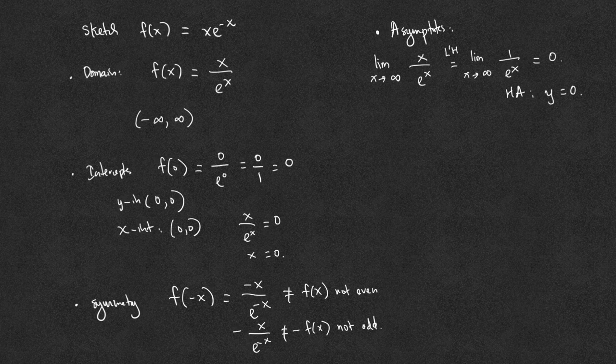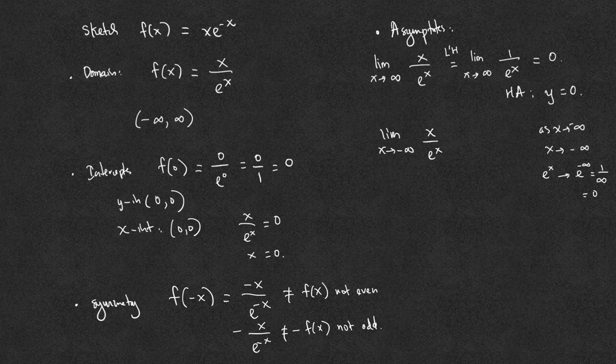We also should evaluate the limit as x goes to negative infinity of f of x. As x goes to negative infinity, x goes to negative infinity, and e to the x goes to e to a very large negative number, and this is 1 over a very large number, which is 0.